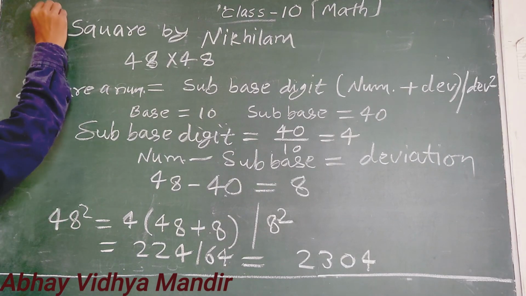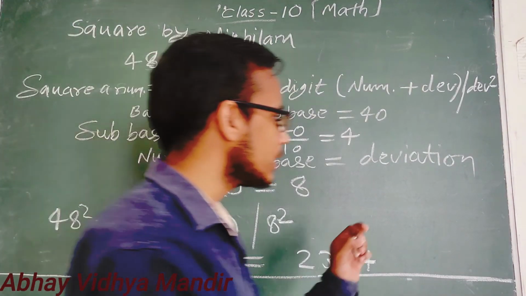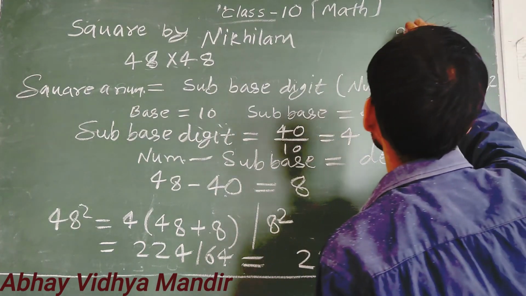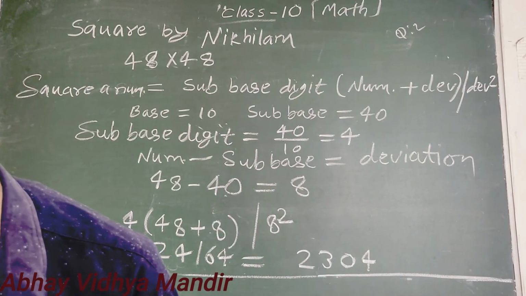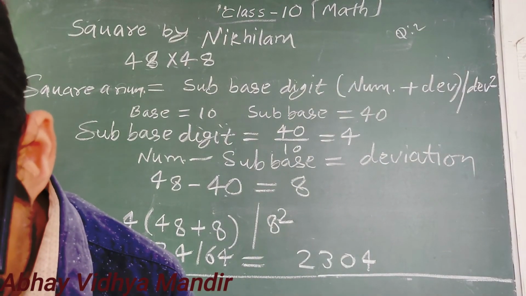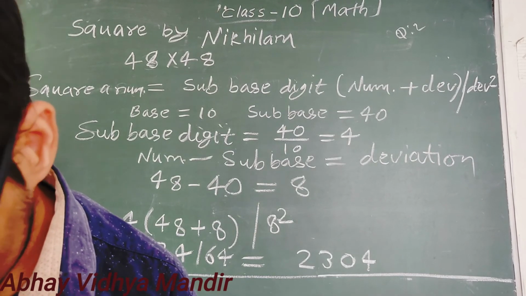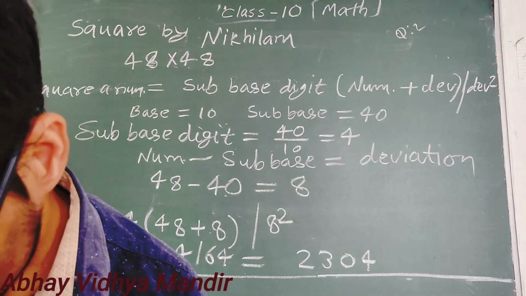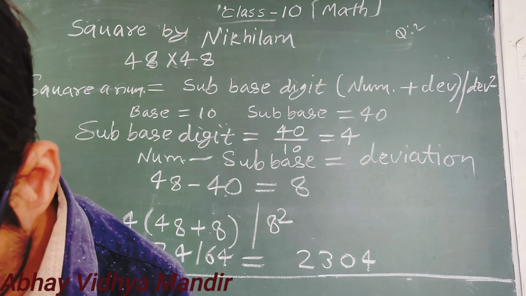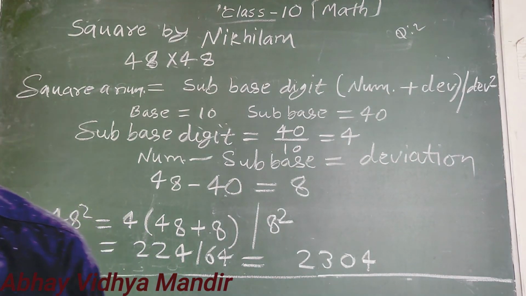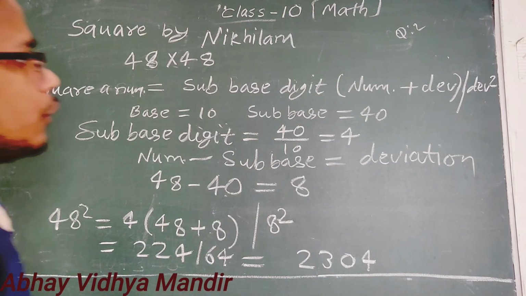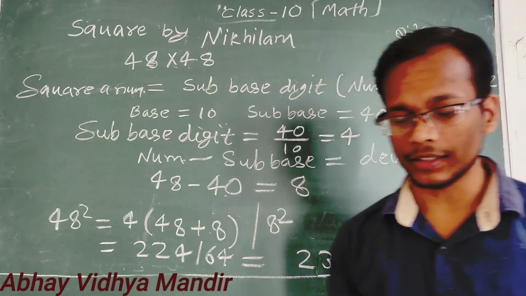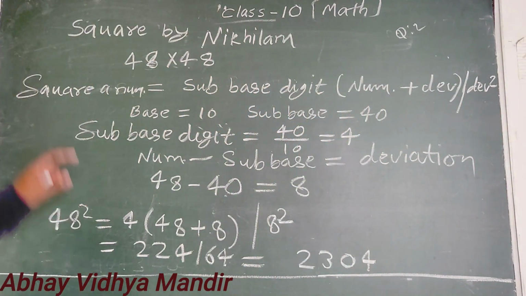Okay, in this topic questions are given in your book and you have to note them. Which question number is it, 1 or 2? Let's see. Questions 4, 5, 6, 7 are given to you, squares by Nikhilam. So you have to solve by this method and that method.